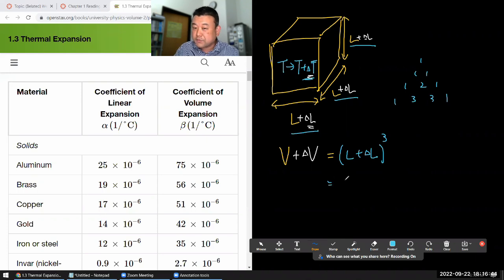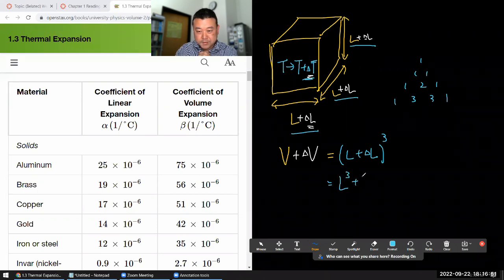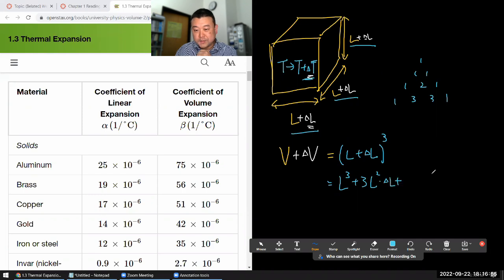So when I expand this out, it should be L cubed plus 3L squared times delta L plus 3L times delta L squared plus delta L cubed. So you could expand it out, and looking at this, you might think it's complicated. It's not some simple expression.